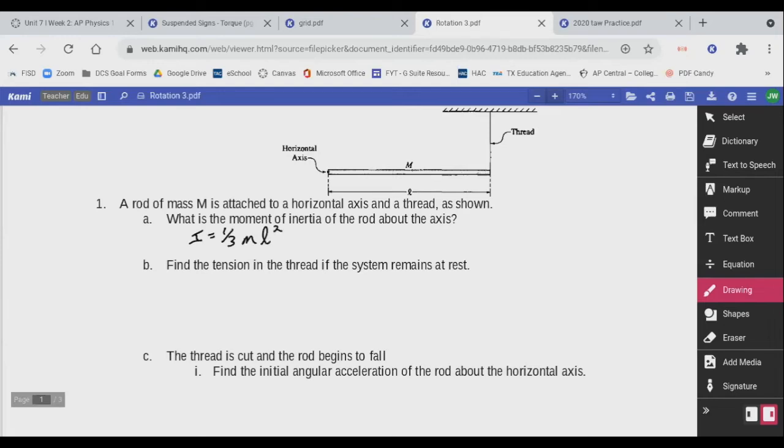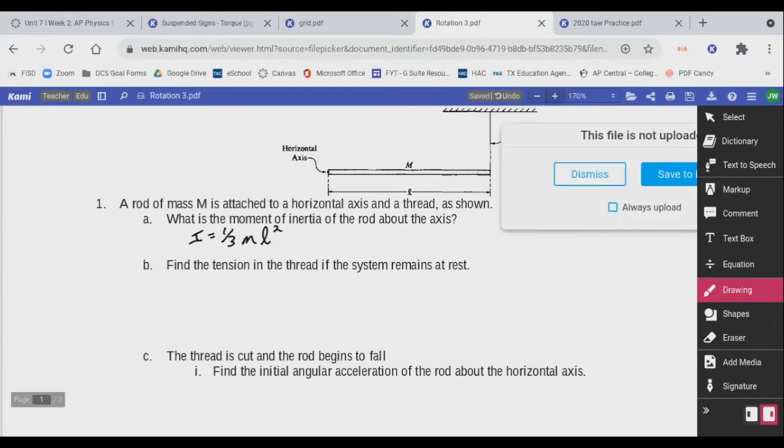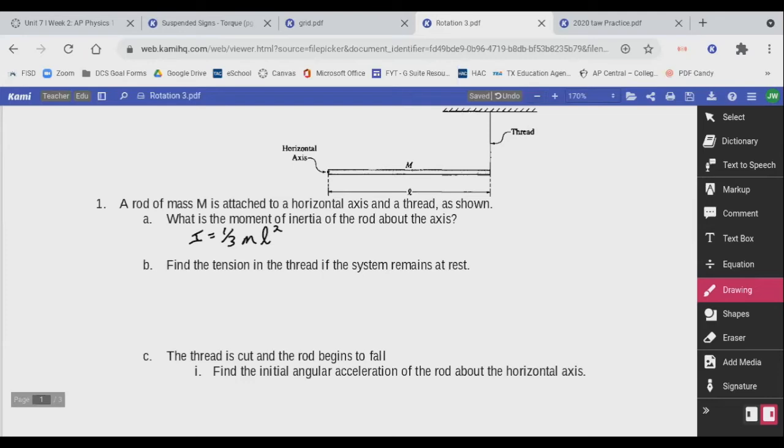So at least it's starting easier, right? This isn't something that we're having to stress about yet because, hey, let's just start basic. It's a rod, it's rotating on the end. We flipped through our notebook and we found it. I equals 1/3 ml squared. Okay, so now find the tension in the thread of the system if the system remains at rest.